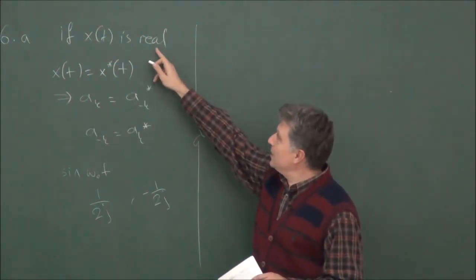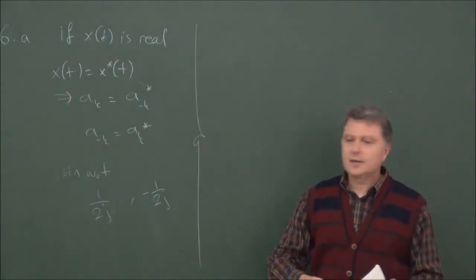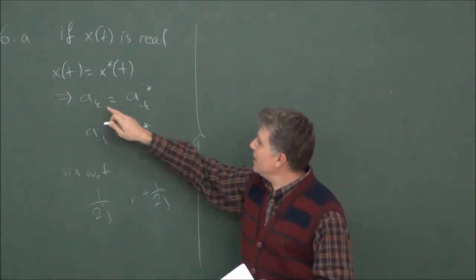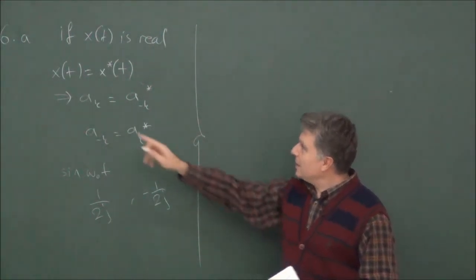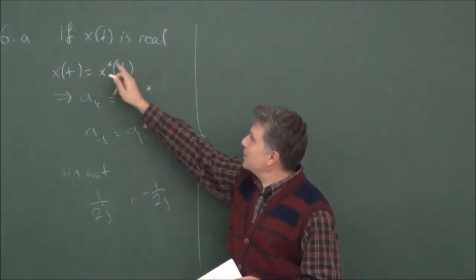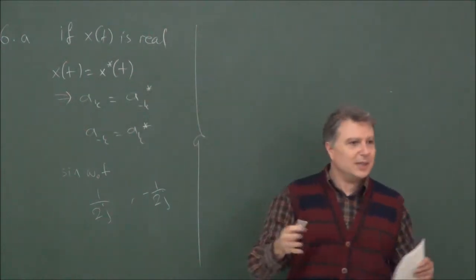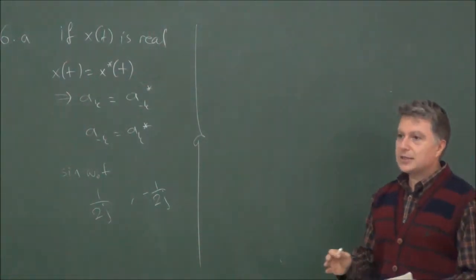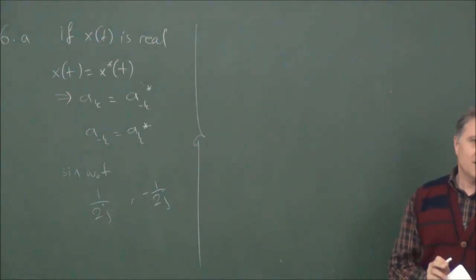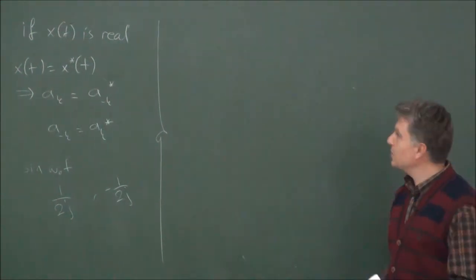If x(t) is not real, not complex, but purely imaginary, then what can you say about a_k in terms of a_{-k}? Then x(t) will not be x conjugate of t. x(-t) will be equal to x conjugate of t, and you have to derive the property accordingly. But they are just candidate exam questions. So I'm not giving you all the properties here. I'm just giving you glimpses of important ones.